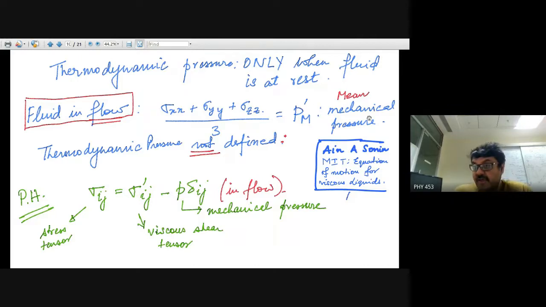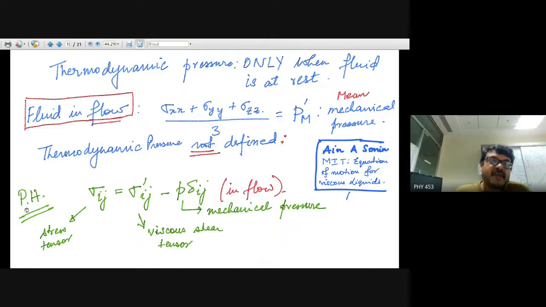Of course, in reality, this can be very close to the thermodynamic pressure, and we shall discuss with numbers soon. But very strictly speaking, thermodynamic pressure is not defined in flow. This average is called the mean mechanical pressure.